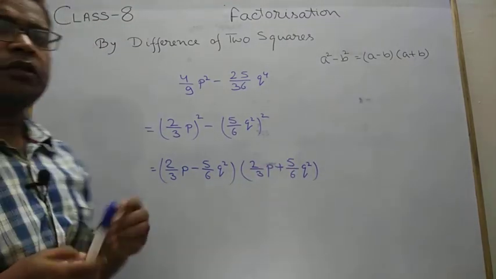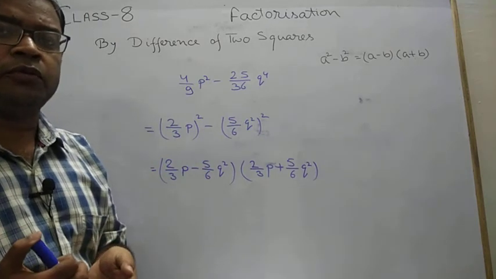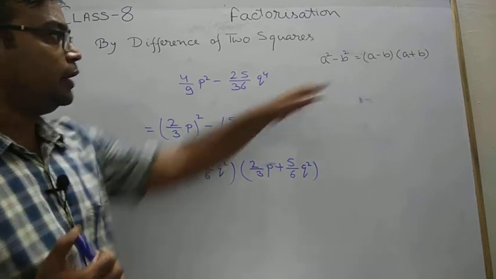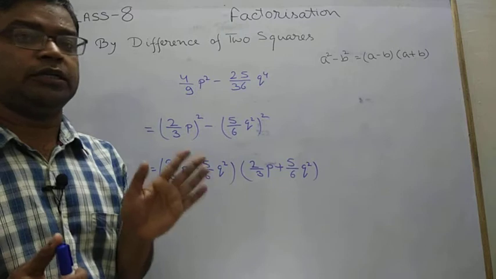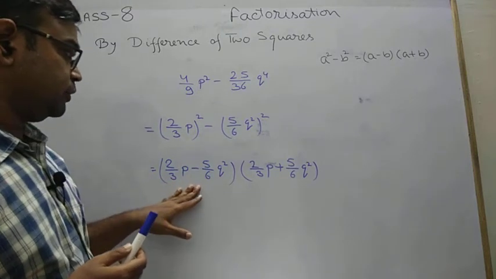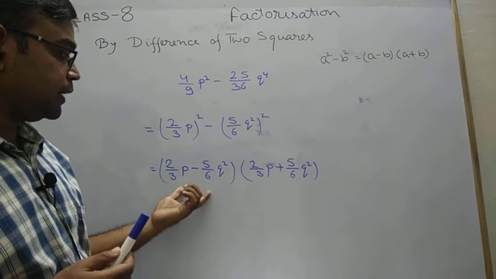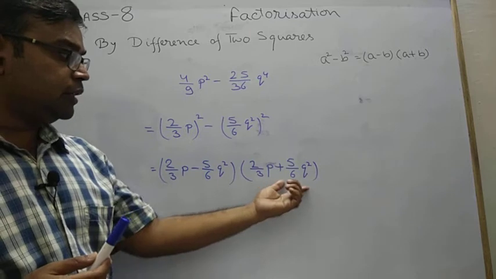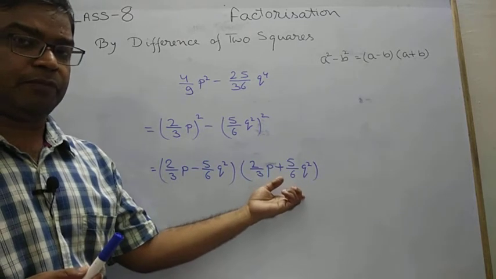Many of you may have a question in your mind: why am I using the minus sign first? Is it mandatory? No, it's not mandatory. But why do I use the minus sign? Because if we use the minus sign here, we can easily break it further if we wish. But a plus sign is not breakable further. It's clear?